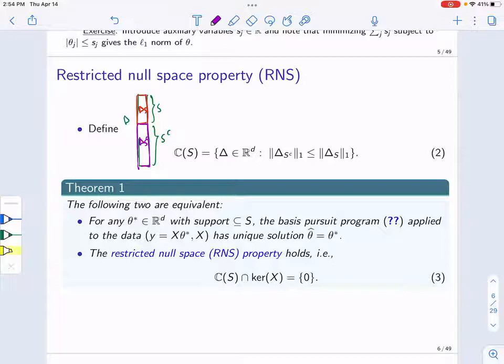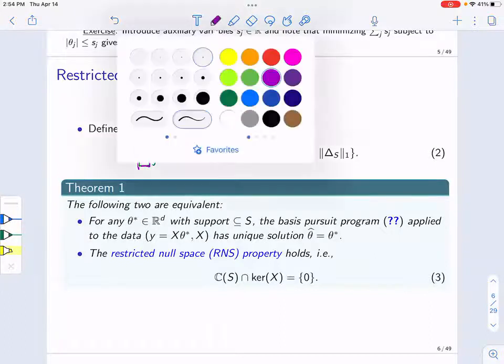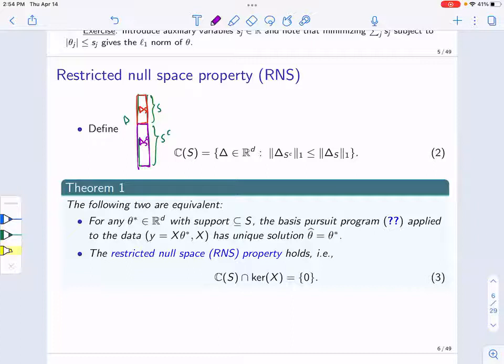So the set of these vectors defines a set in R^D. It's hard to visualize, but in R^2, let's say S is 1, then S complement would be 2.